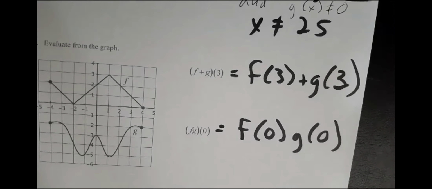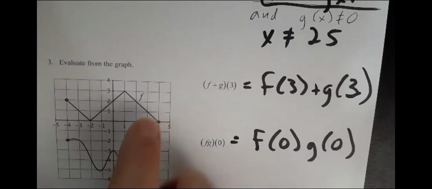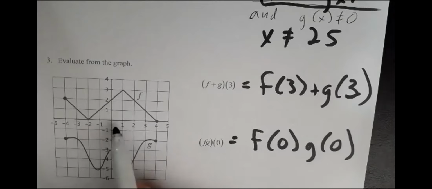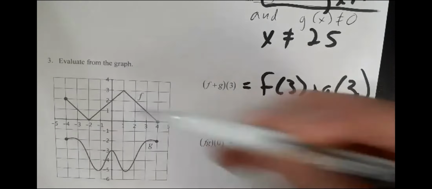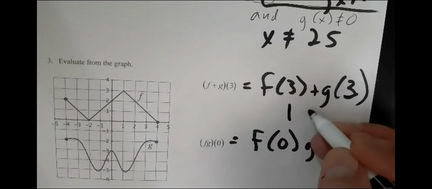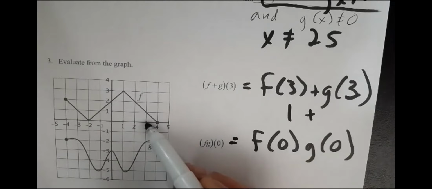But if I write out my definitions, the only other thing I have to do is go to my graph and grab out my values. So f of 3, I'm looking along here, I'm going to 3, and I'm going to my f function. That gives me a y value of 1, so I'm doing 1 plus my g of 3. So now I'm coming along here to 3.